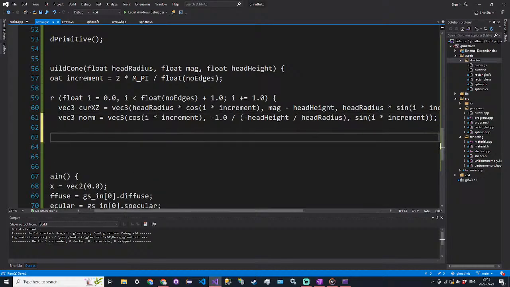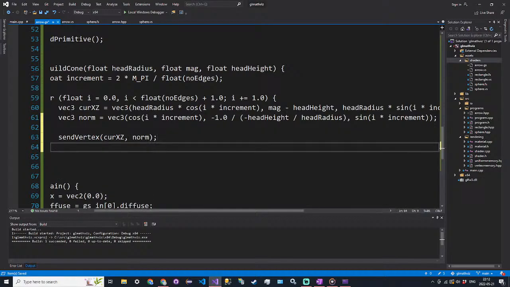So we're going to send this vertex, current xz, and the normal, and then we will also send the head. So send vertex vec3 0.0, magnitude, and 0.0, and the normal as well.